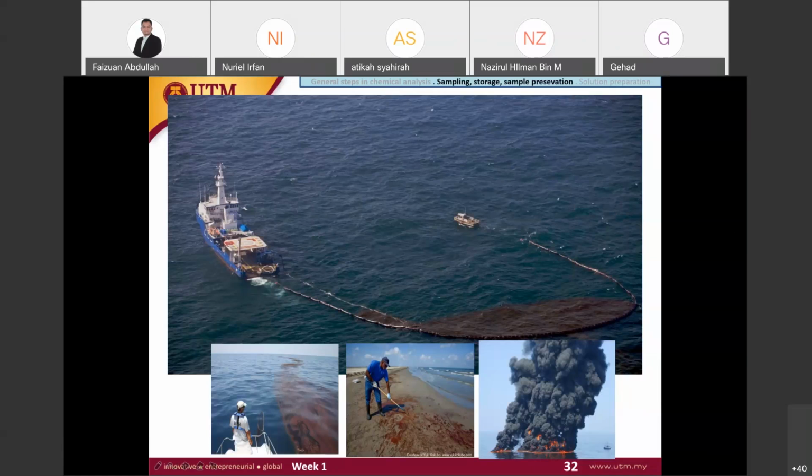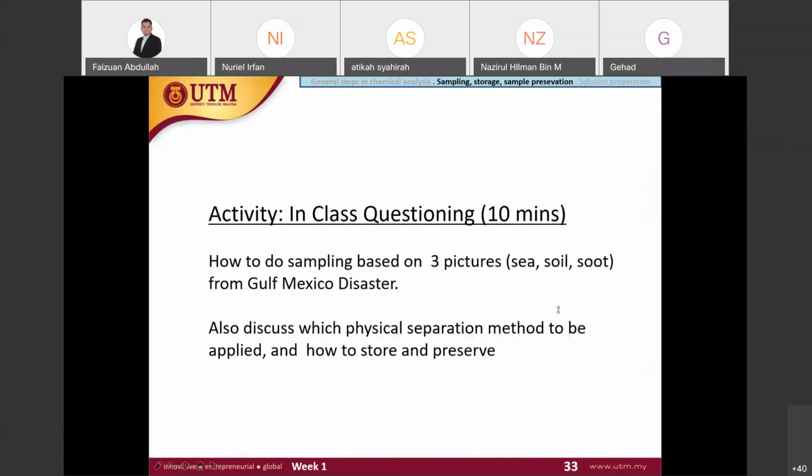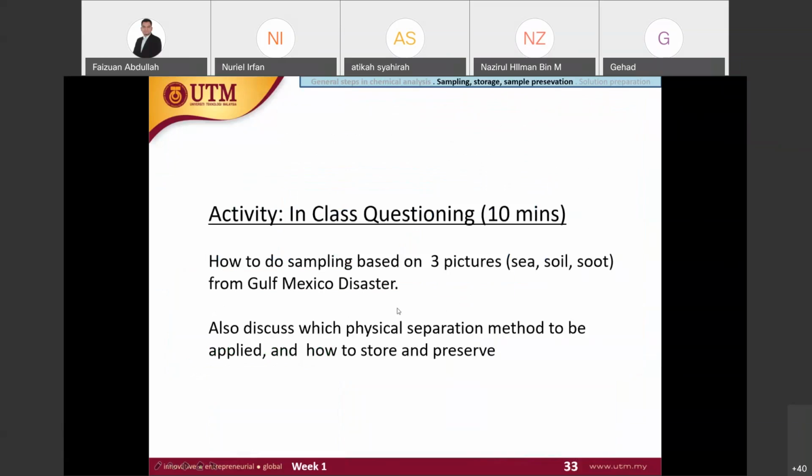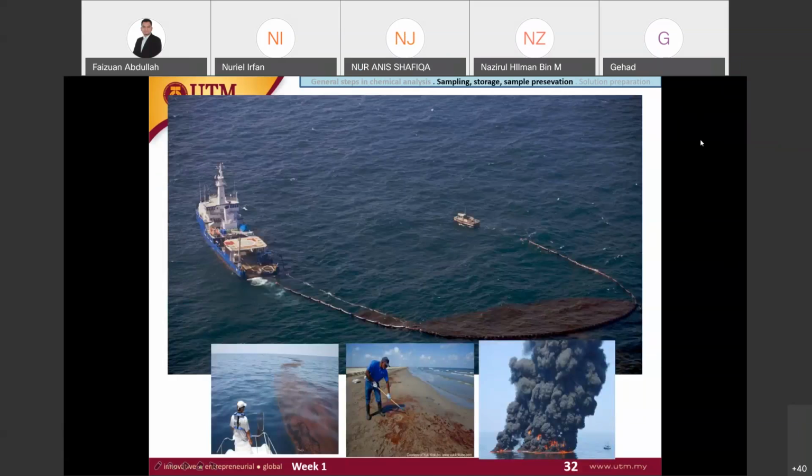You just Google it, water sampler. Anybody? Anyone? Okay, send it into the WhatsApp group.